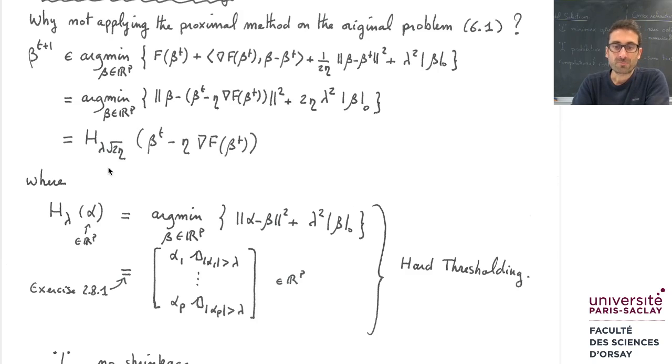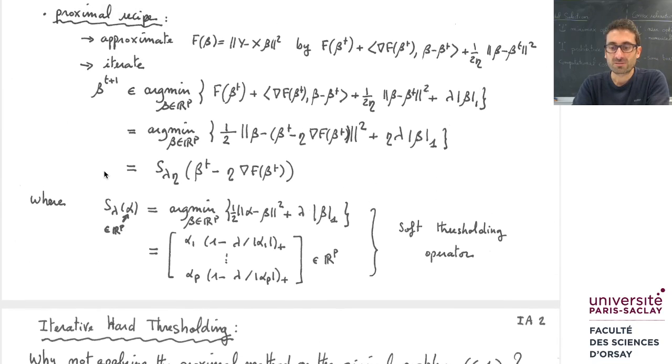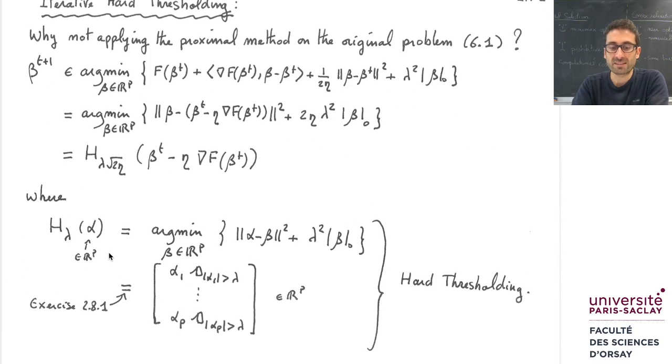So what we see is that if we do the proximal method on the original problem, we again have some explicit expression for the recursion, and the main difference is that the soft thresholding operator, which was appearing for computing the lasso, has been replaced by the hard-thresholding operator.